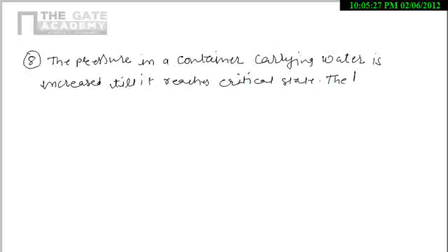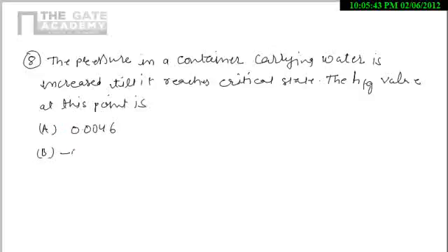The latent heat, that is the hfg value at this point, is, options are A 0.0046, B minus 0.0012, C that is 0.0084, and D that is 0.